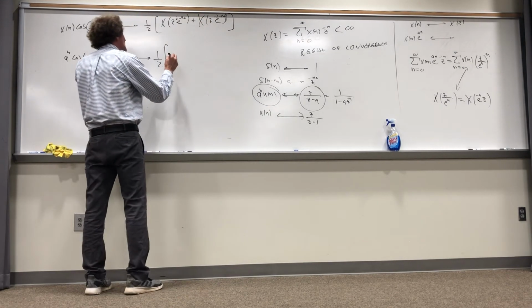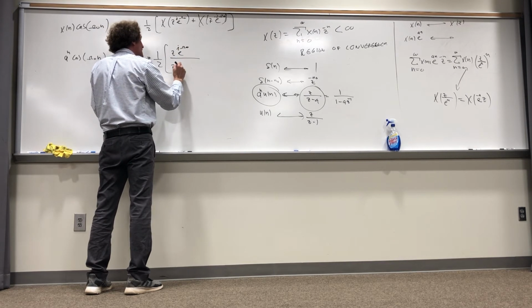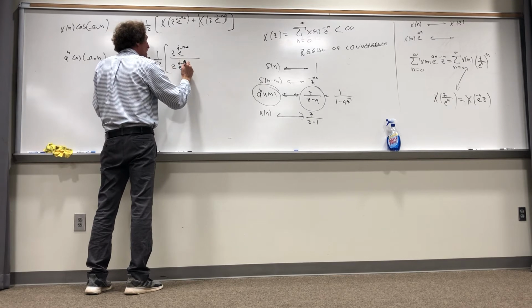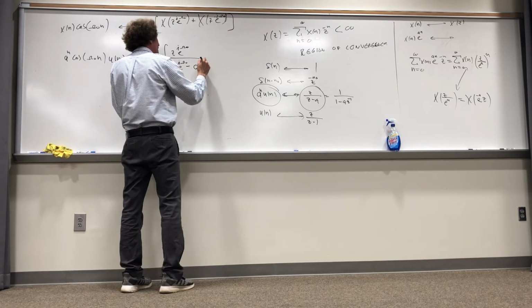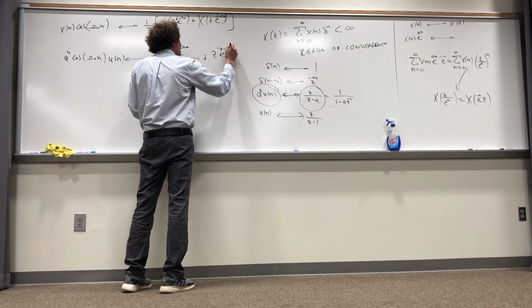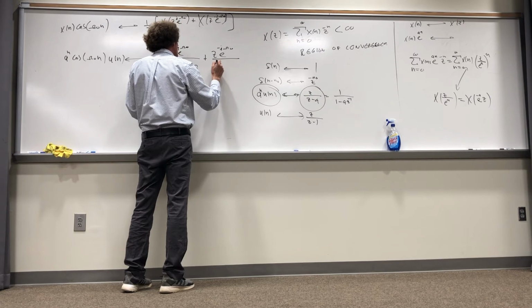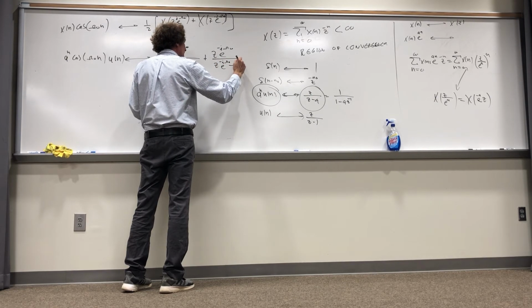So now I put z e to the j omega naught over z e to the j omega naught minus a, plus z times e to the minus j omega naught over z e to the minus j omega naught minus a.